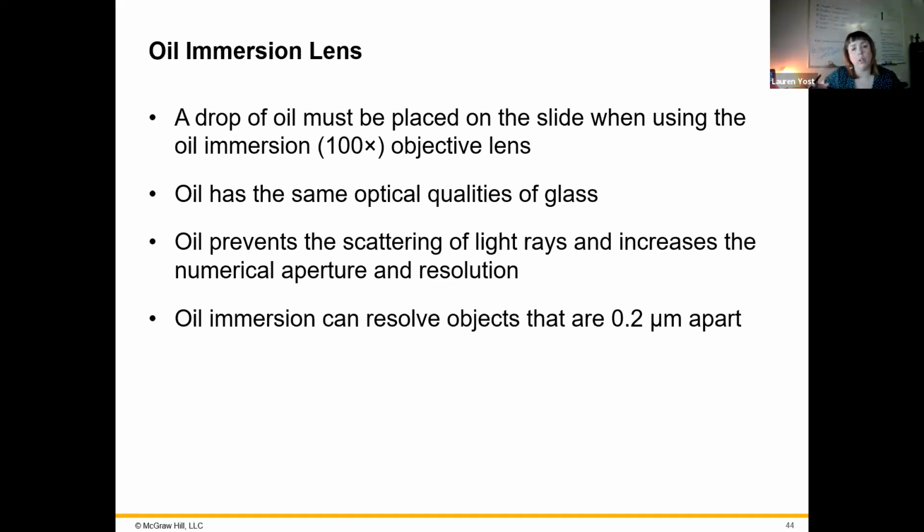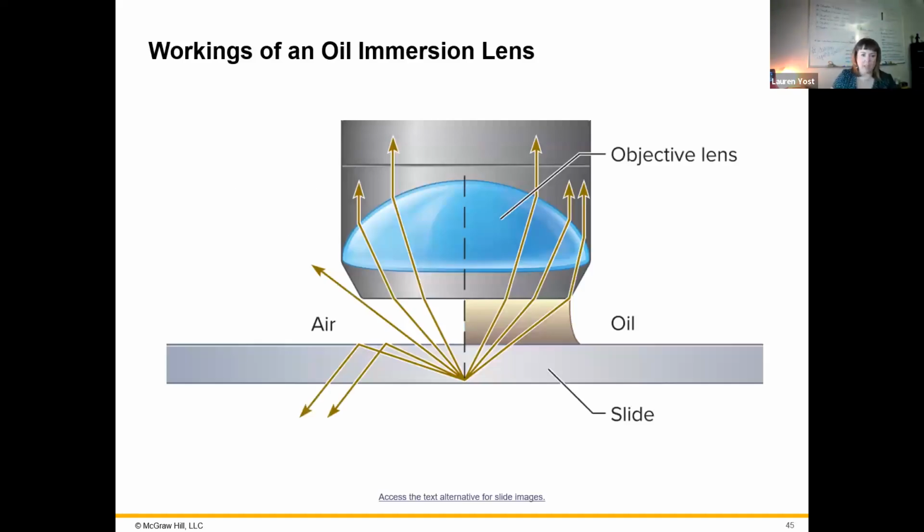We put oil there because it has similar optical qualities to the glass. That's the whole purpose of the oil, so we can get better resolution. It minimizes light scattering. We can see here with the oil, we have far less light scattering and loss of image quality.